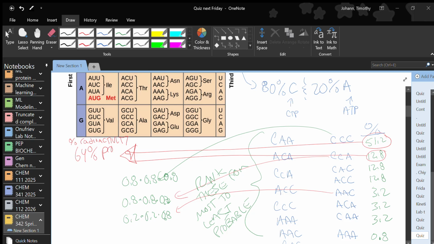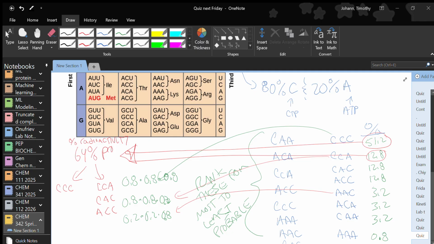And so what they know from that is that the only way I can get 64% is if CCC, which they probably already knew, was one of mine for proline, and then something else with two C's. So you get that proline is CCC, and proline is also CCA or CAC or ACC. You can't distinguish between them because all three of those were 12% each, right?